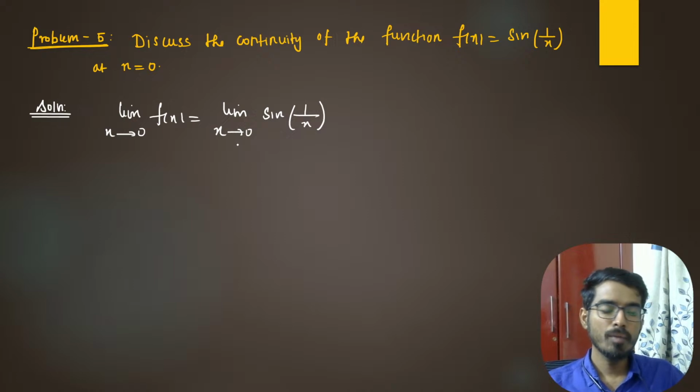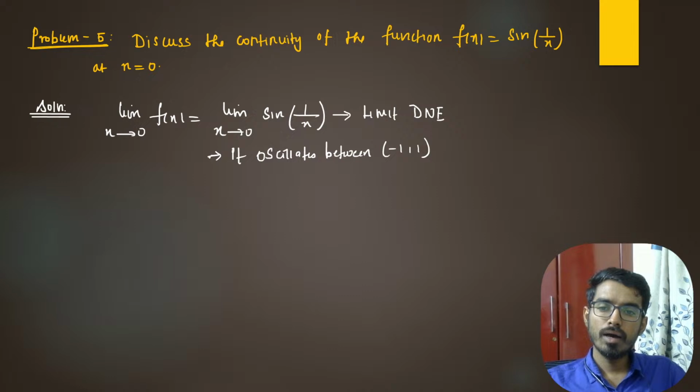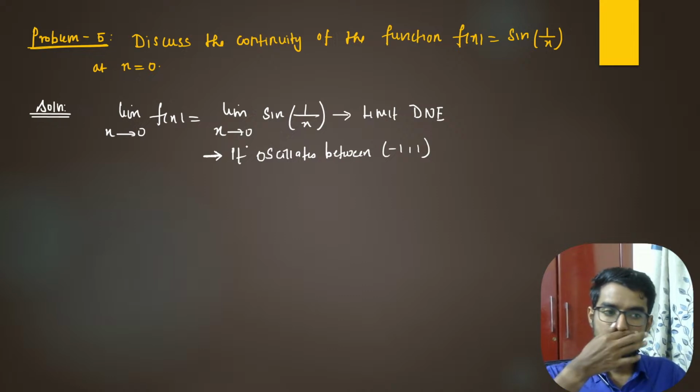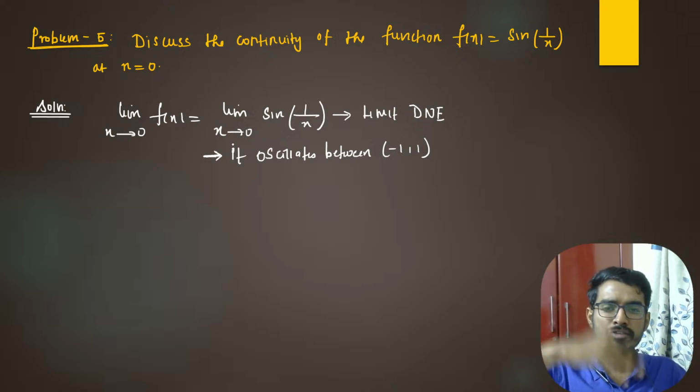Very, very important idea I'm going to tell now. Always remember sine 1 by x when x is tending to 0, limit does not exist. It oscillates between minus 1 and 1.